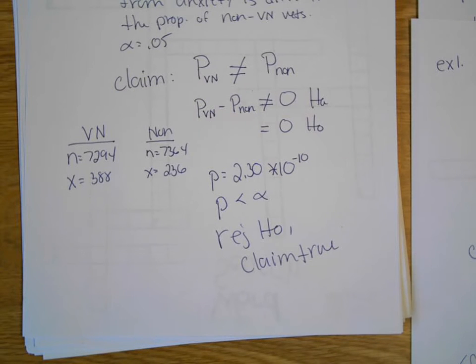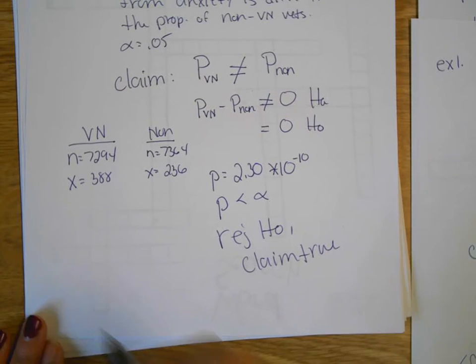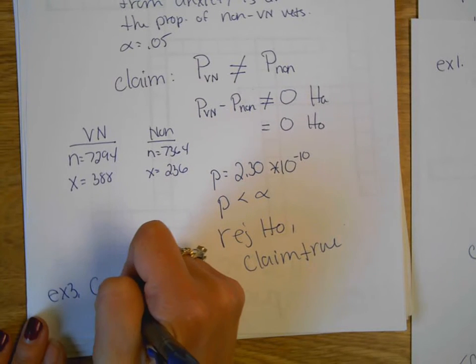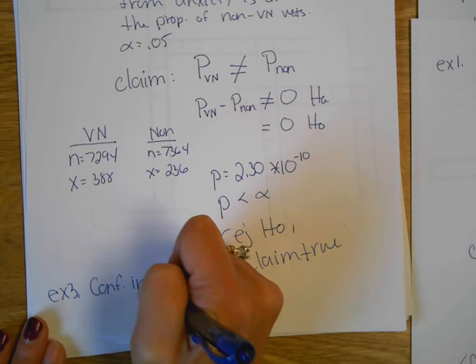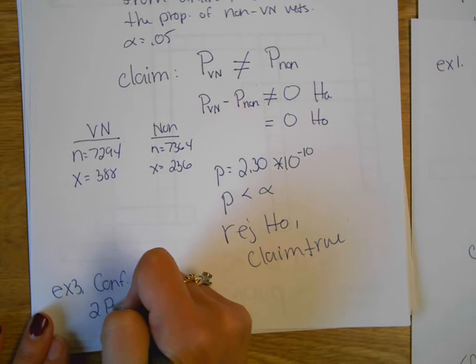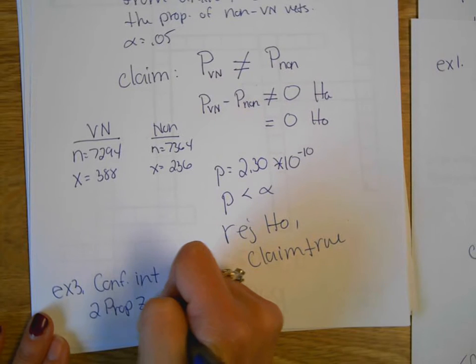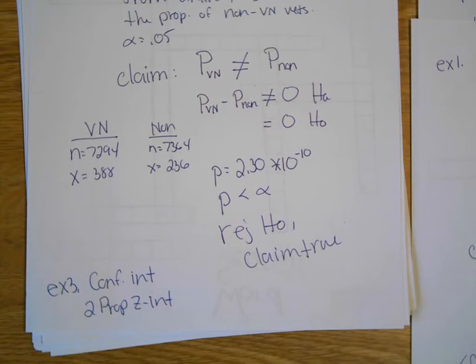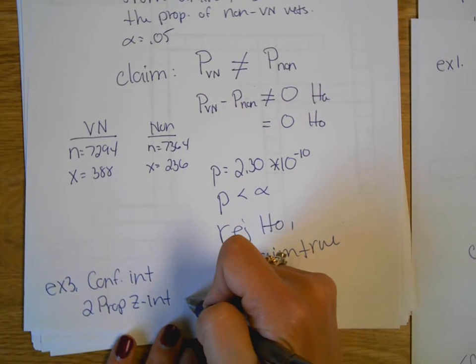Okay. Oh, still have our confidence interval. Do the same data. The confidence interval is 2 prop z int. And let's go with 95% confidence level.